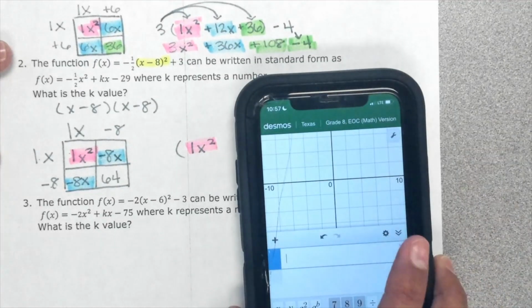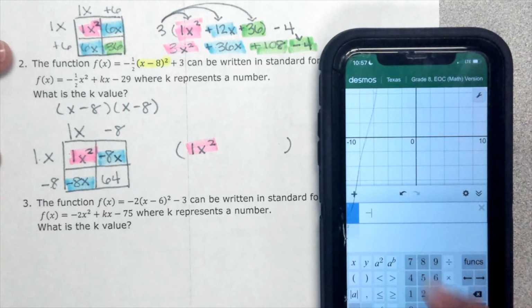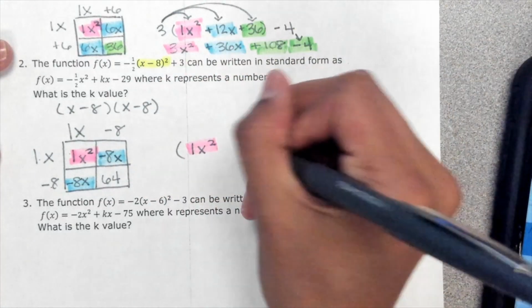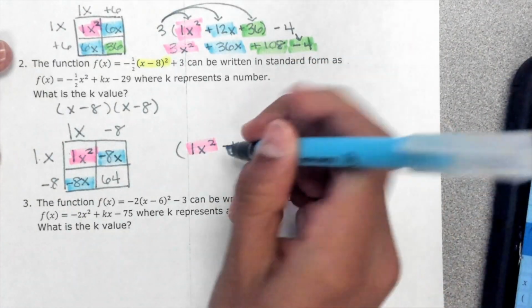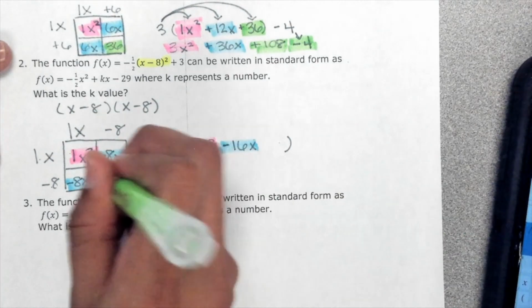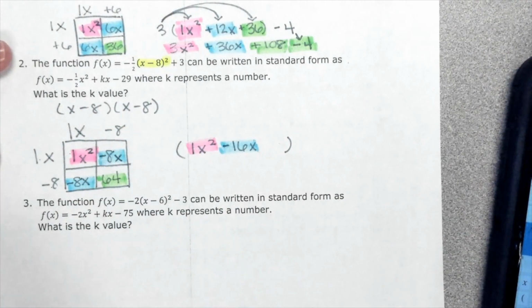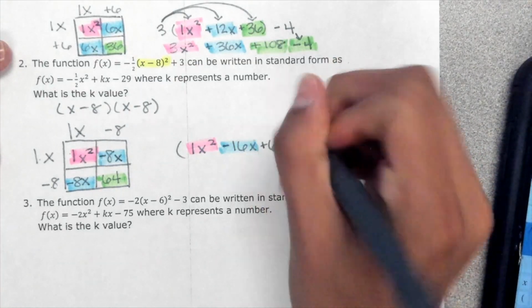Those like terms, we need to add them together. So we're going to grab our calculators and we're going to add negative 8 plus a negative 8, which gives us a negative 16x. So we add those like terms together and we simplify that. Our last term in the last box is a positive 64 and it's by itself. So we're just going to add that one on the end over here.